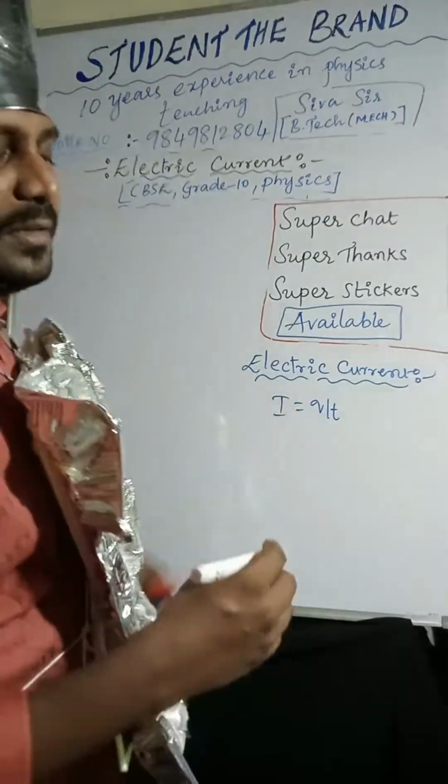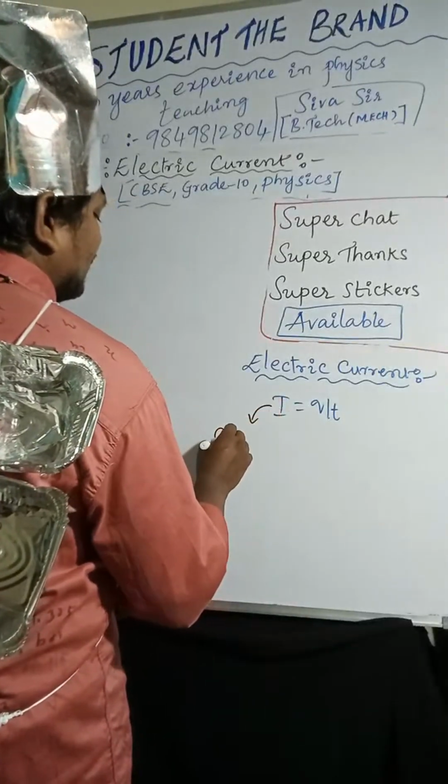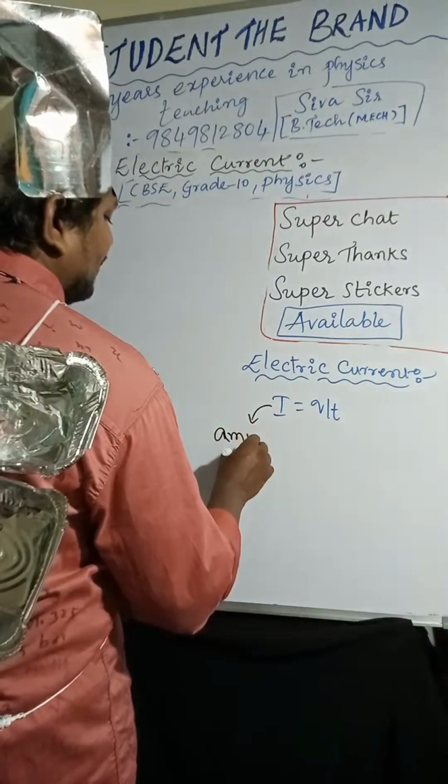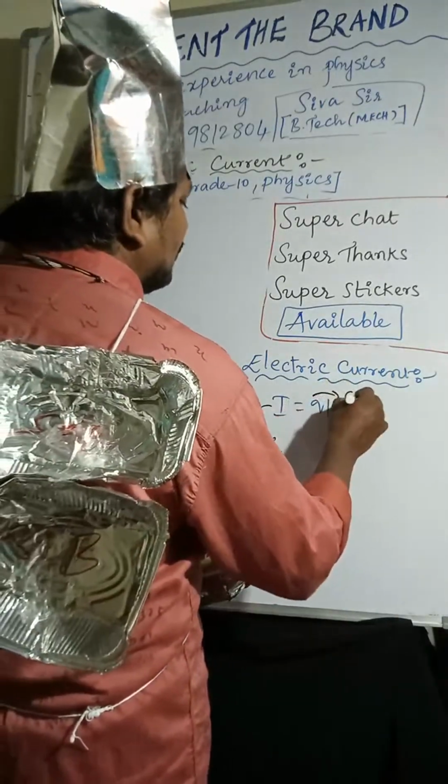The SI unit of electric current is known as ampere. The SI unit of charge is coulomb.